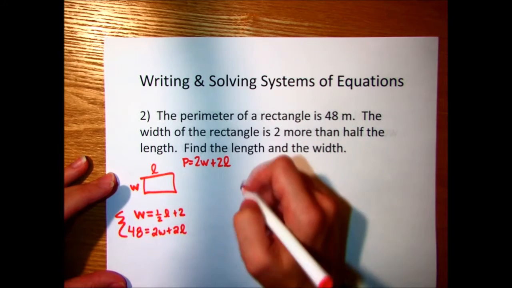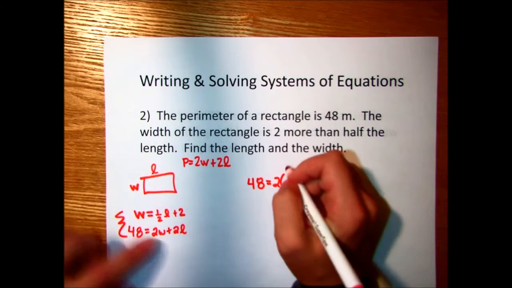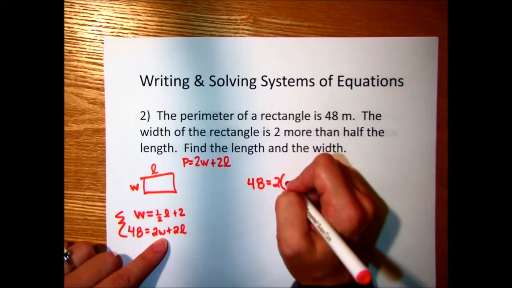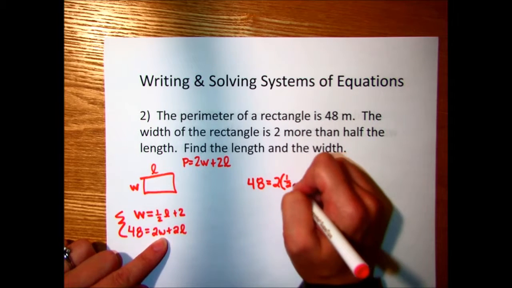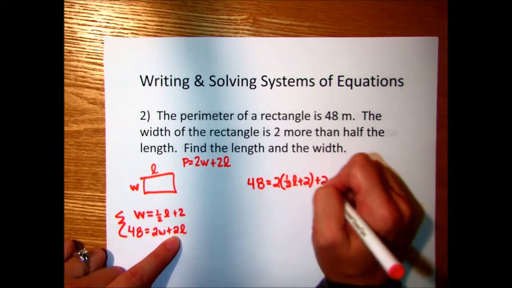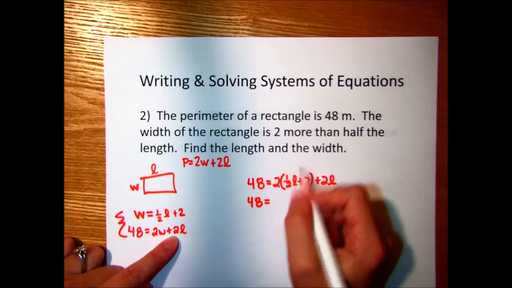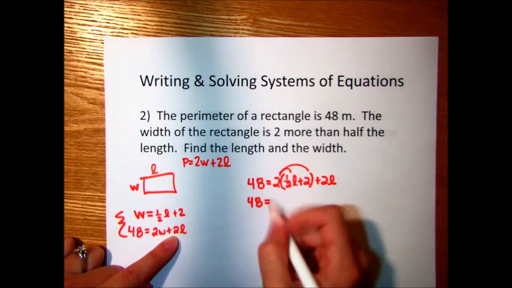When you solve, it would be 48 is equal to 2 times my width, which I'm going to plug in as 1/2 the length plus 2. And then I still have my plus 2L. Now we have 48 is equal to, don't forget to distribute this 2 to both pieces.